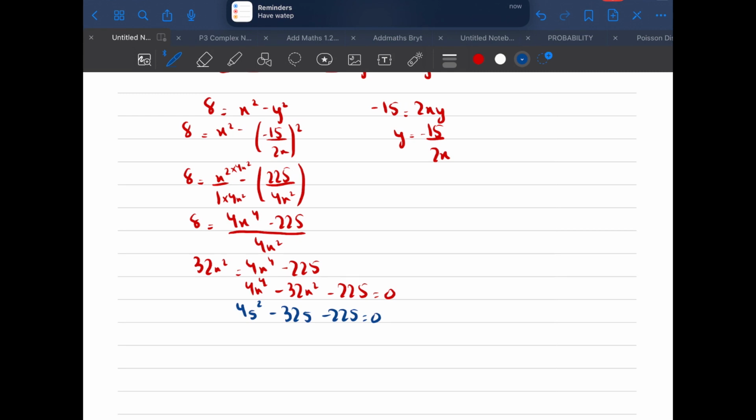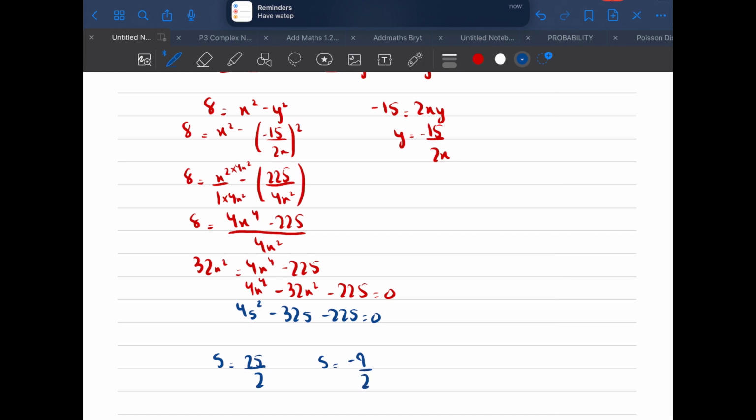So my one answer is s is equal to 25 upon 2, and my other answer is minus 9 upon 2.